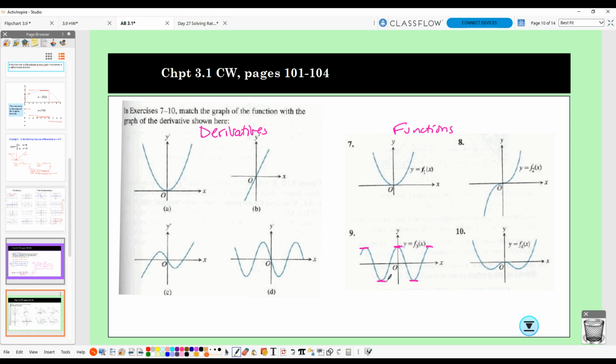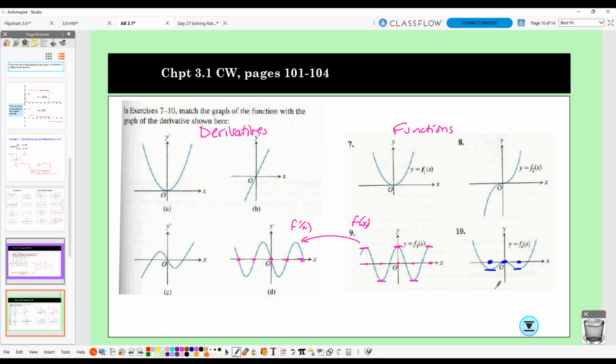So looking on the other side, where do zeros hit? Here, here, here, and here. This is the function. This is its derivative. This one, the function, has a zero slope here, here, and here.